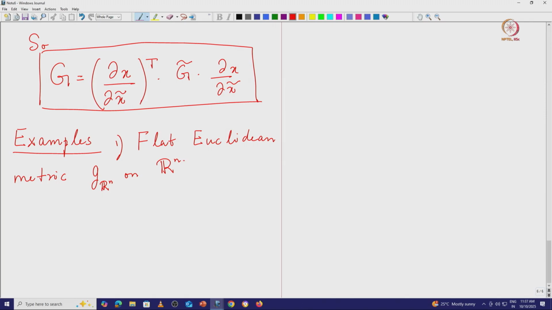So R^n of course has global coordinates. So in components, this is precisely just dx^i tensored with dx^i. Okay, or sometimes one also writes this as (dx^i) squared.